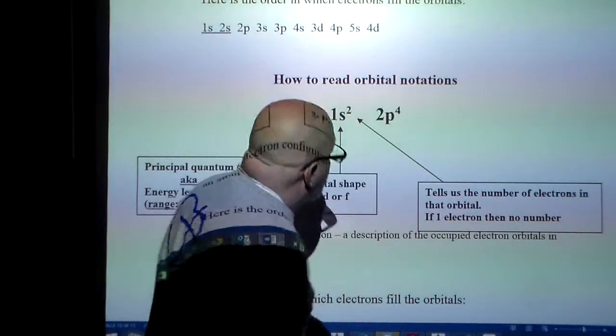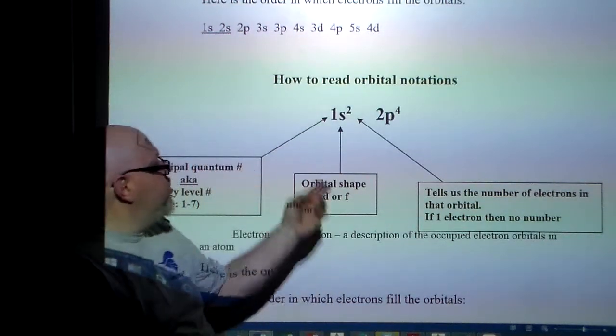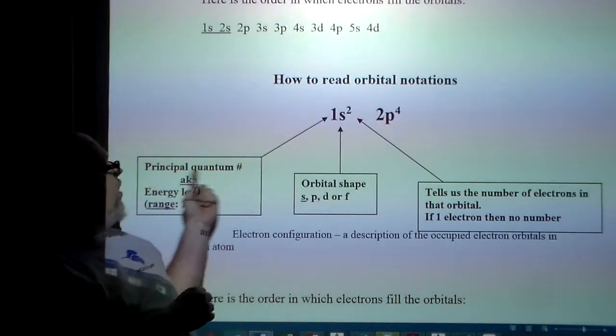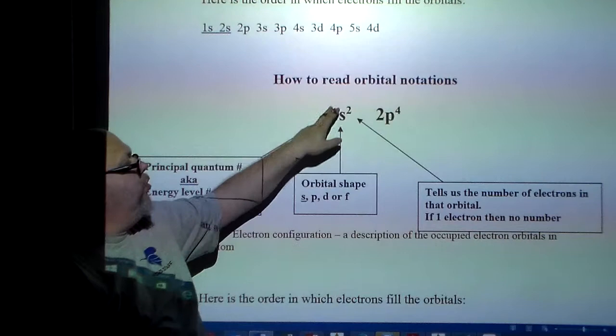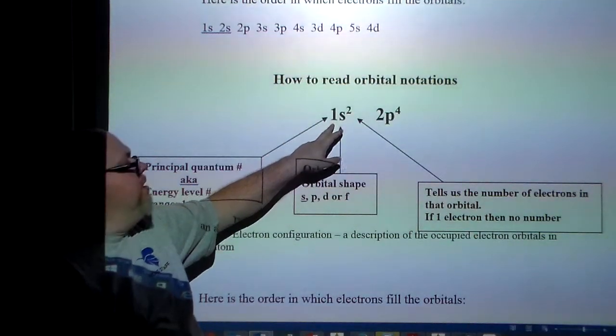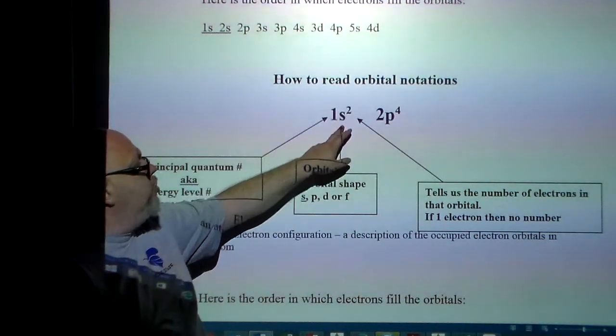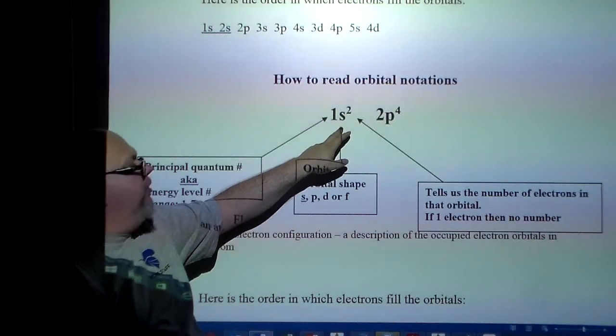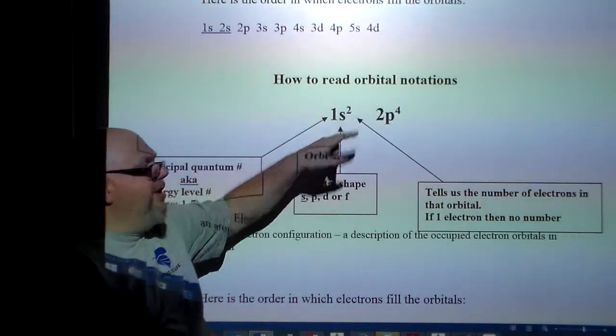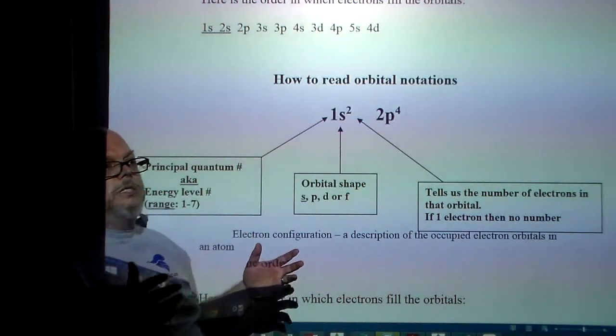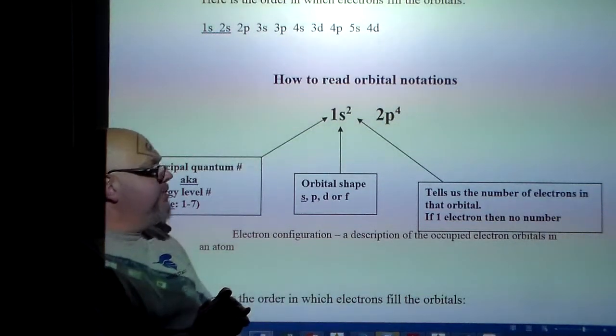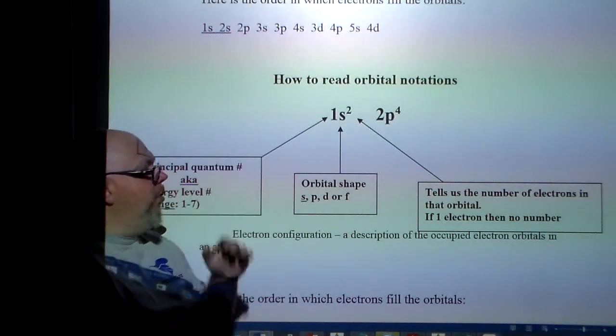Well, there's 3 pieces of information you got to look at. On here, there is your principal quantum number, or your level number. Then you have the orbital shape, I like to call it the sublevel. And then this magical number here, it's not an exponent. It's just telling us how many electrons are in that orbital.